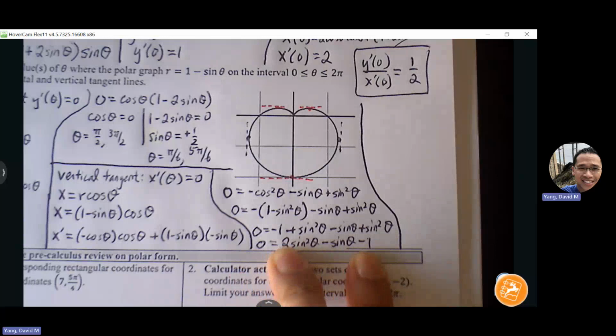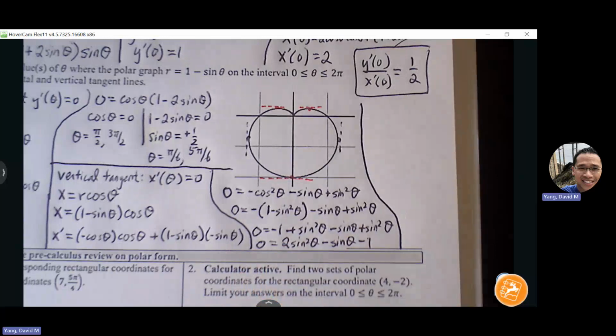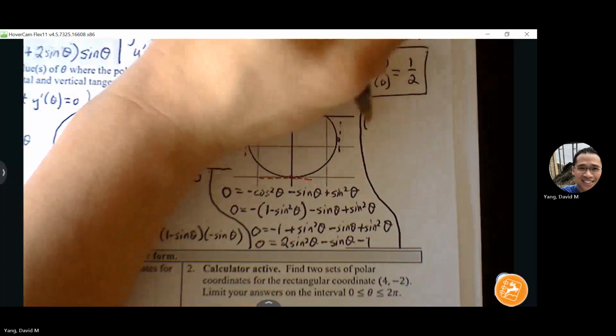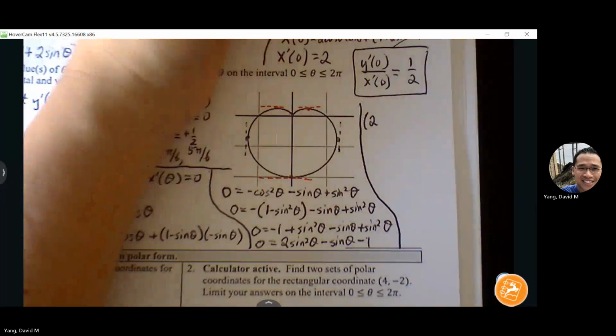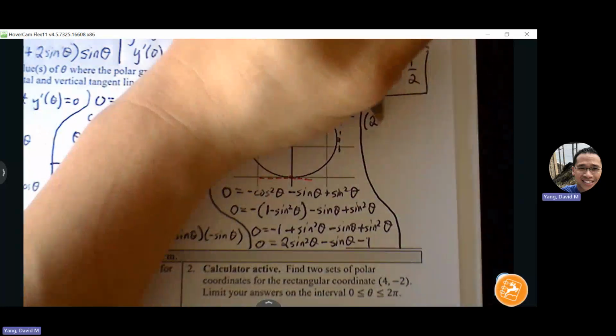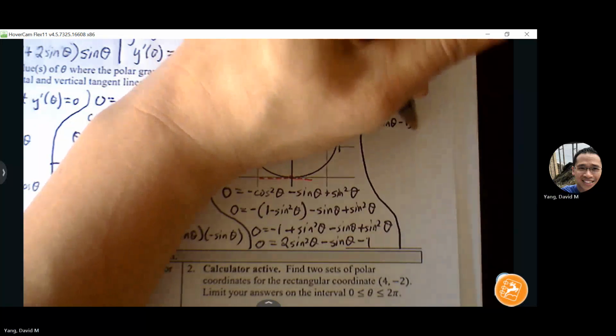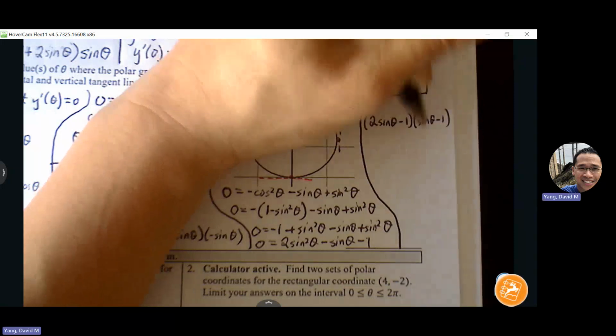Okay, look to factor here. Multiplies to be -1, adds to be 2. I have -2 and 1. But it all factors out to this here. Let me see. -2 sin theta.